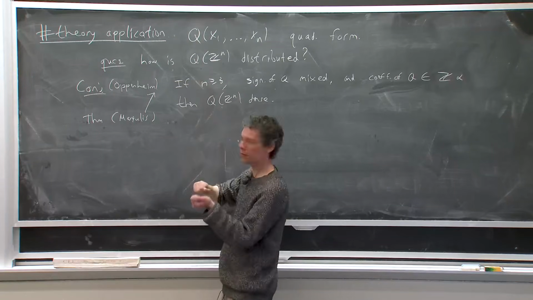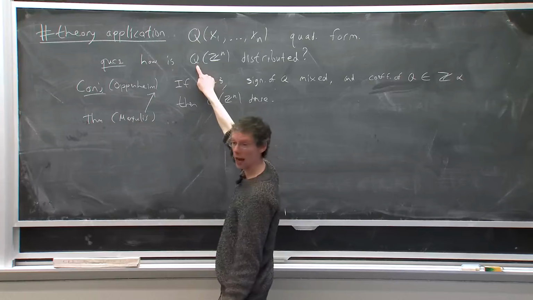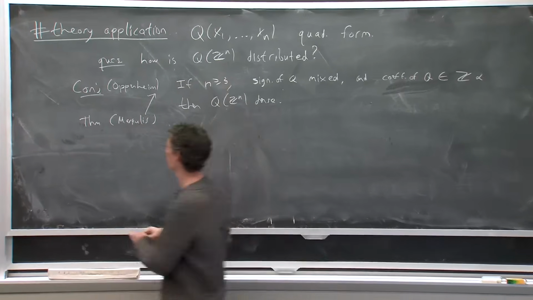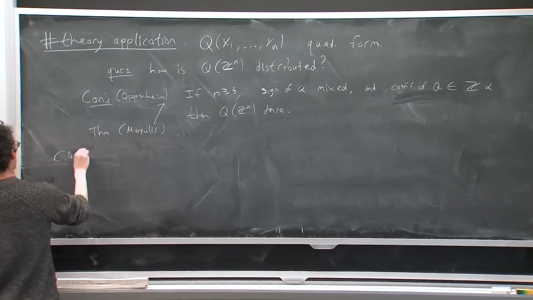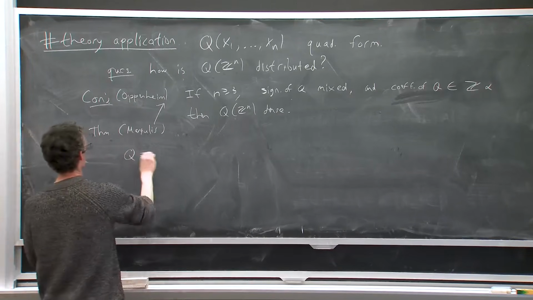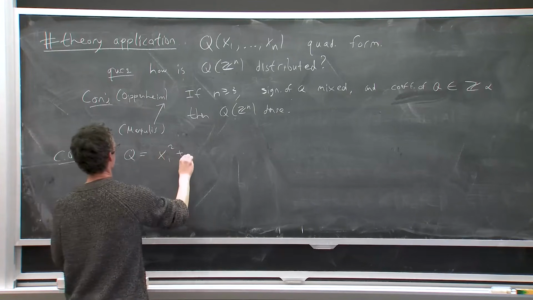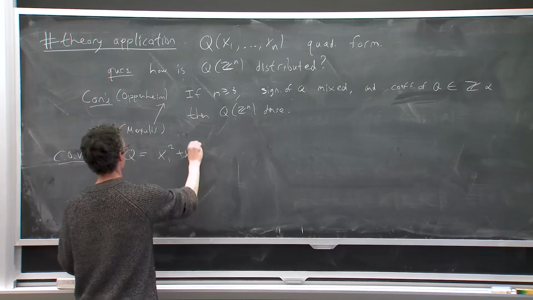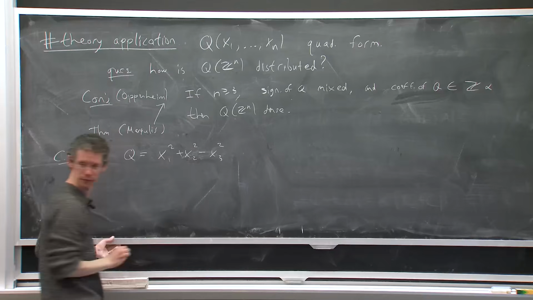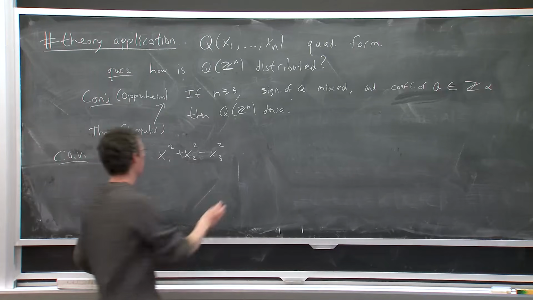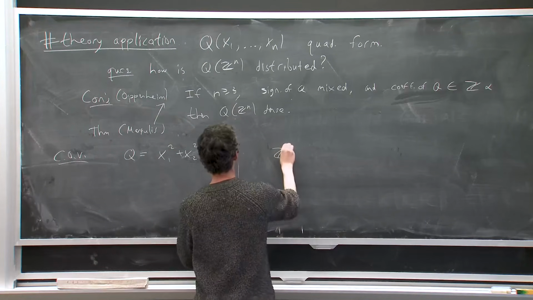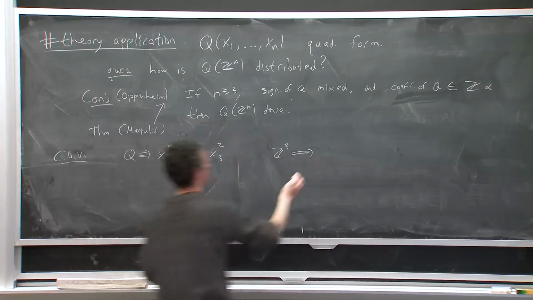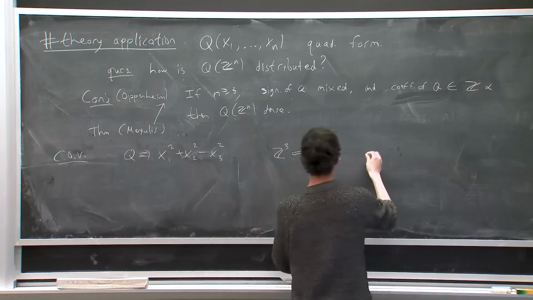But I could make a change of variables so that Q is a standard quadratic form, and then I would have some obscure lattice. So after a change of variables, Q could be just x1 squared plus x2 squared minus x3 squared. Let's say we're just in 3 variables, and we have a mixed signature. Q is just this. But Z^3 becomes, lambda, a new lattice.